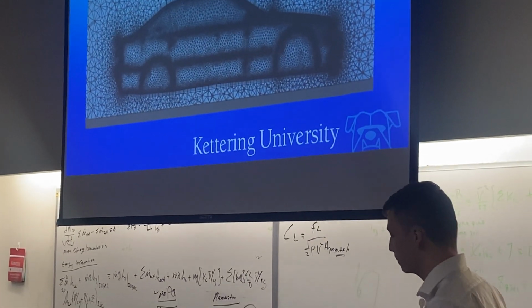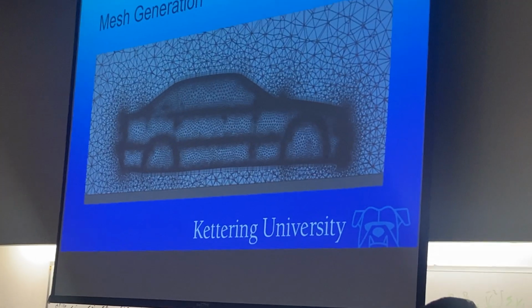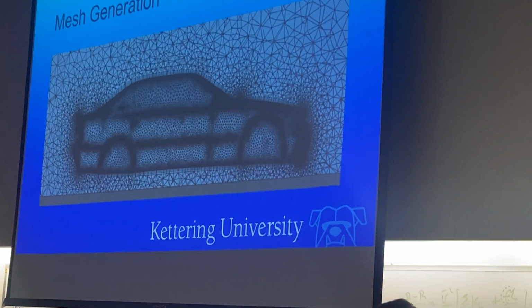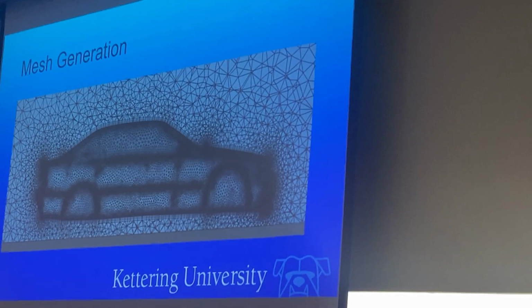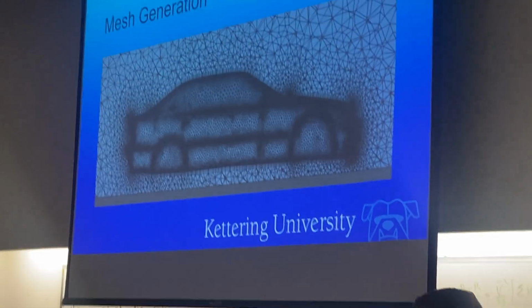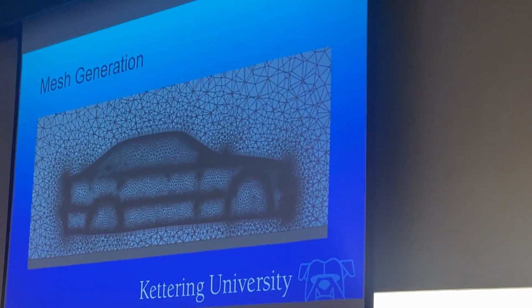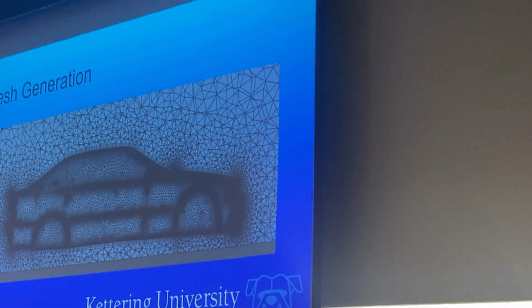And here's a close-up of the body. You can see very dense mesh as compared to the other regions that aren't as important. And you can also notice around the car is those 3 layered lines. Those are called inflation layers, and those also enhance the calculations around that body.